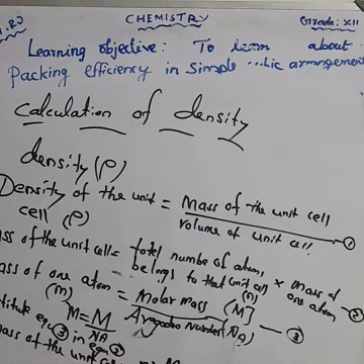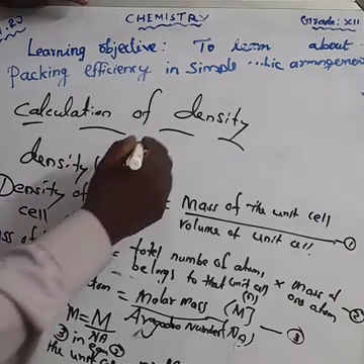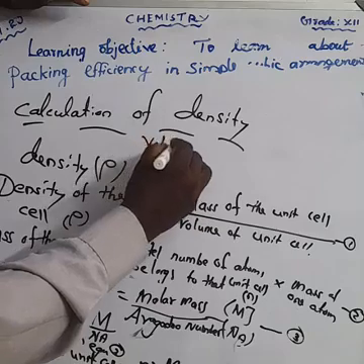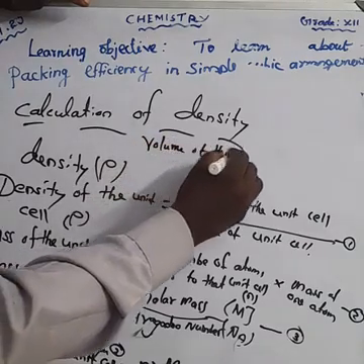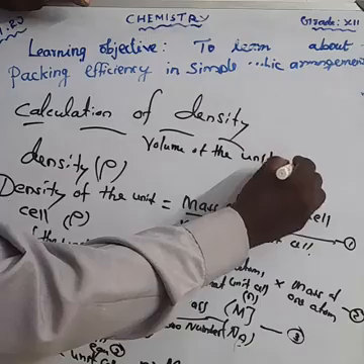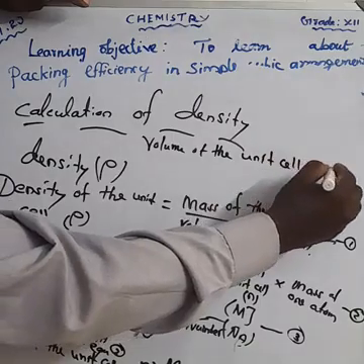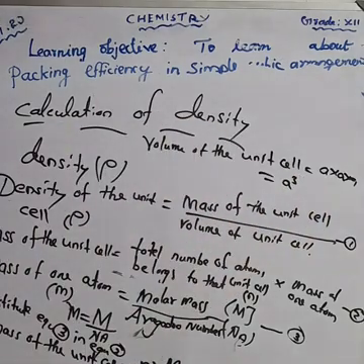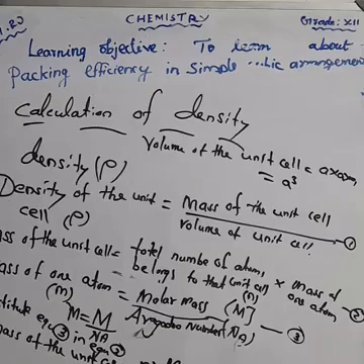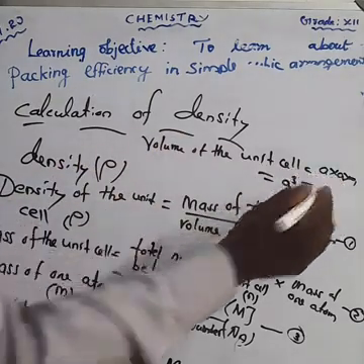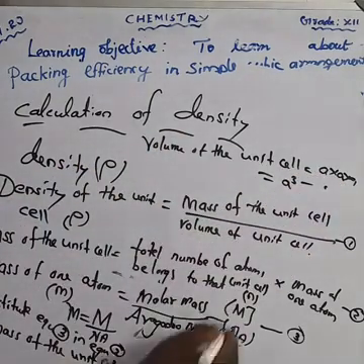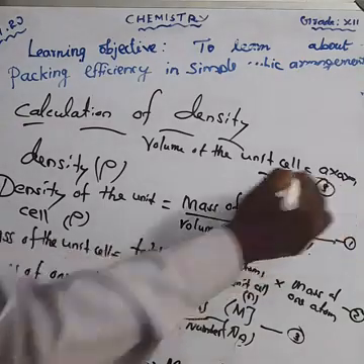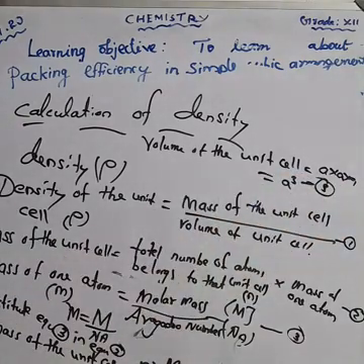And the volume of the unit cell, as we already learned, is a into a into a, that is a cube. This is equation number 4 and this is equation number 5.